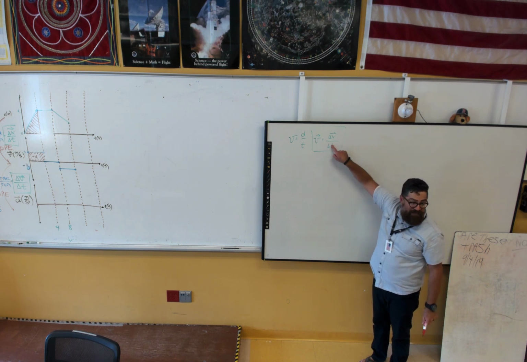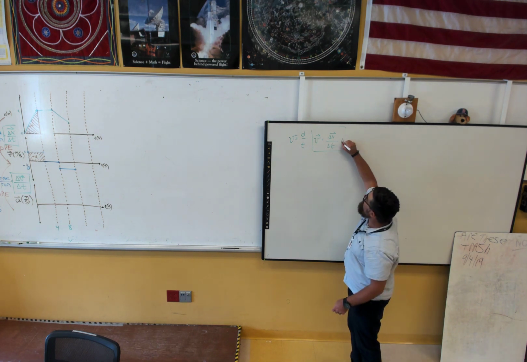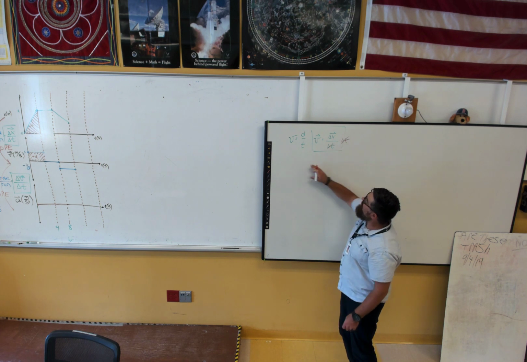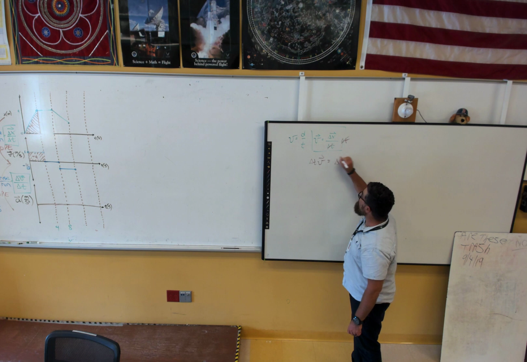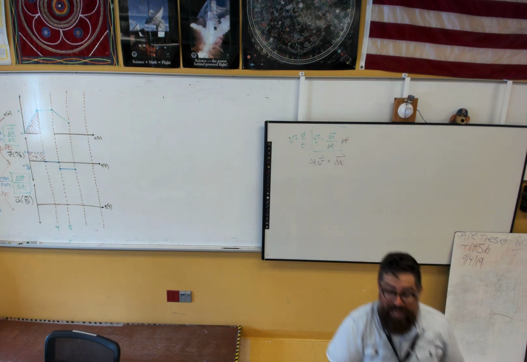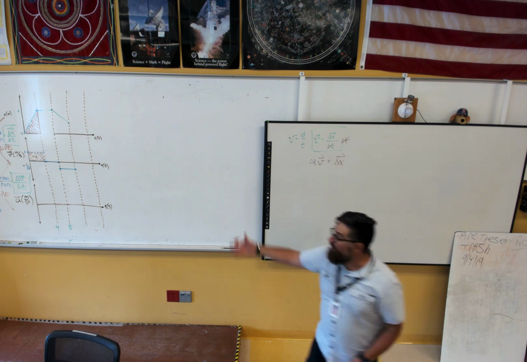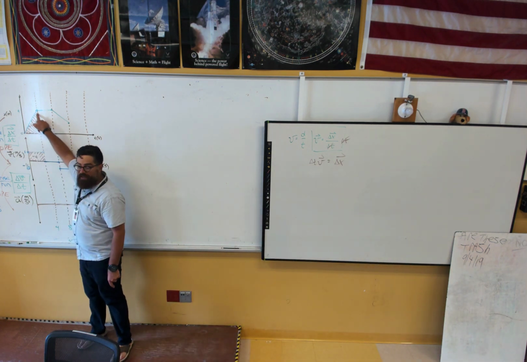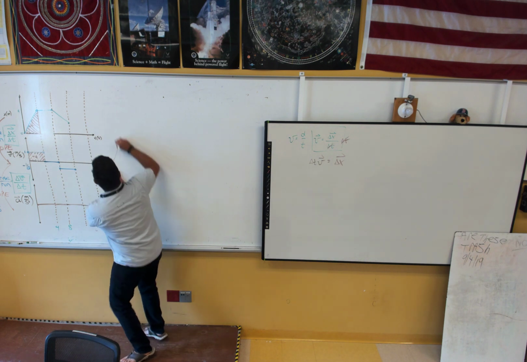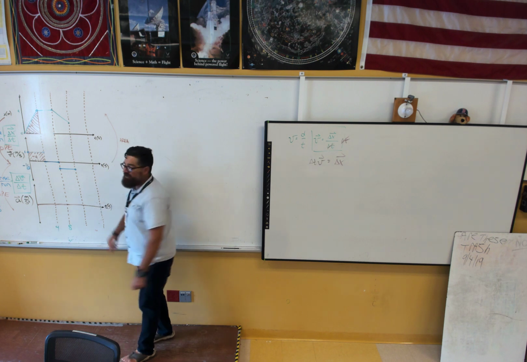So if I algebraically solve this for delta x by multiplying both sides by delta t, the delta t here cancels the delta t here, and I get delta t times my velocity will tell me my displacement. It'll tell you how far you are after the interval from where you started from. So if I started at 0, I end plus 4 units away. So when I'm going upwards on these graphs, I have to find areas.